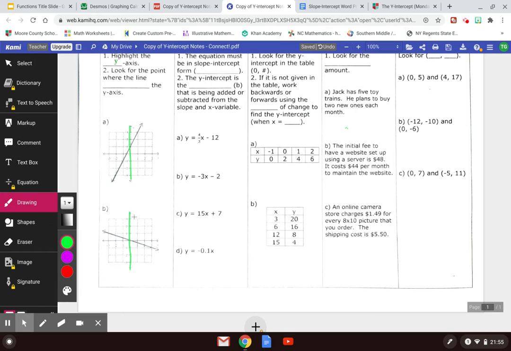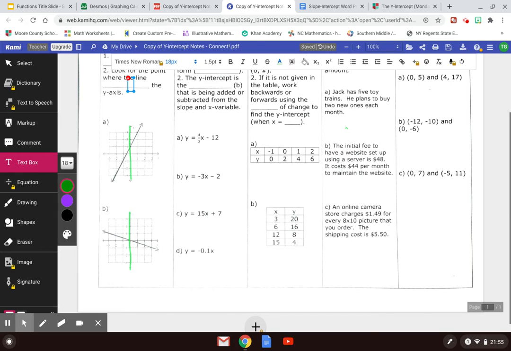Here the point is 0, 1, and here it is the origin 0, 0. Okay, so we're looking for the point where the line crosses the y-axis. So again, here it would be 0, 1, and then here it's the origin 0, 0.